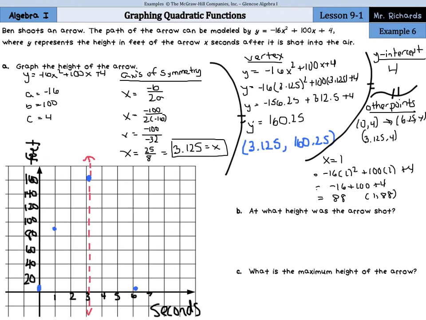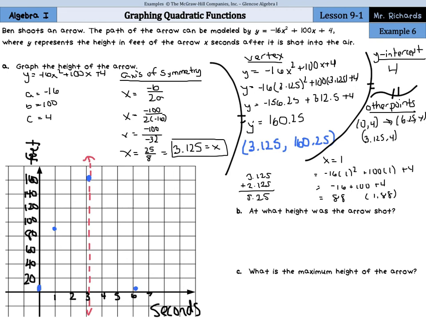And now to find our last point, it needs to be on the other side of the axis of symmetry. Right now, I'm 2 and 125 thousandths units away, so I need to be 2 and 125 units away from the axis of symmetry. So if I take 3.125 and I add 2.125 to that, that distance ends up being 5.25.